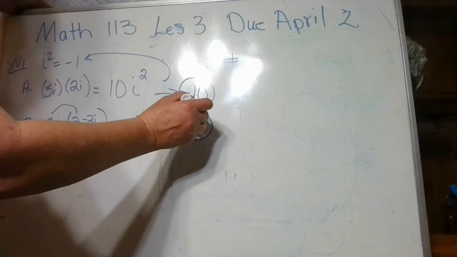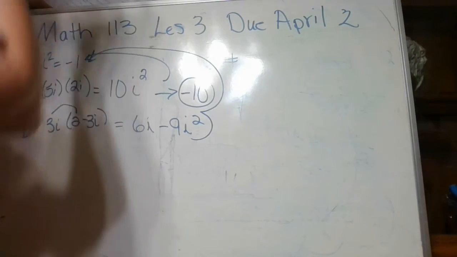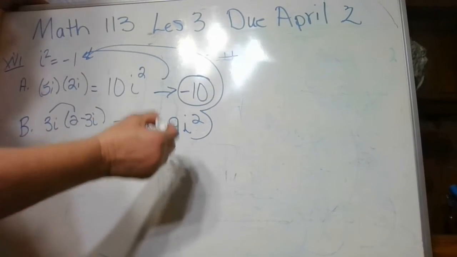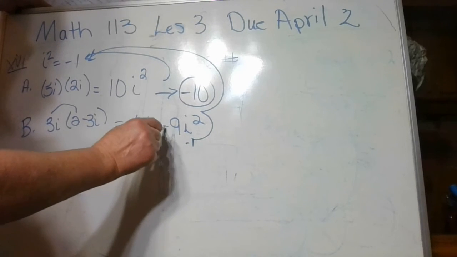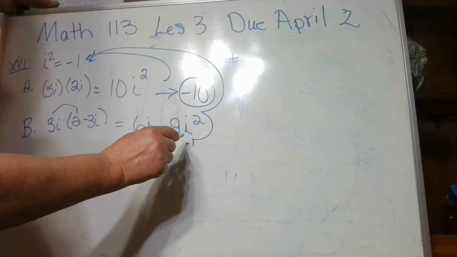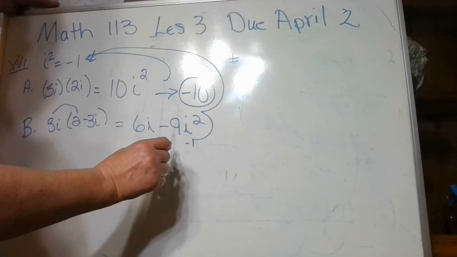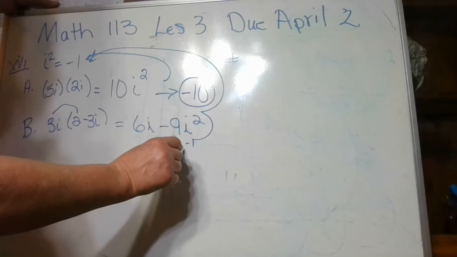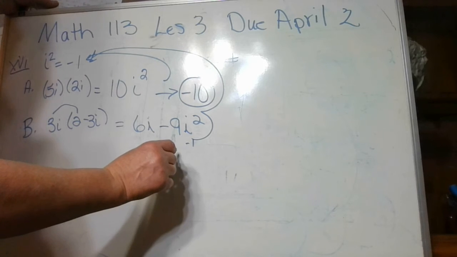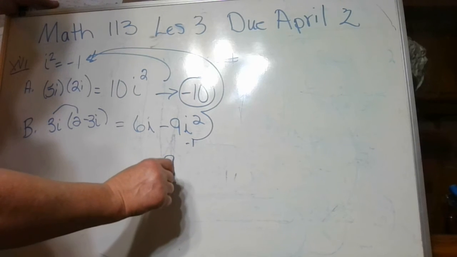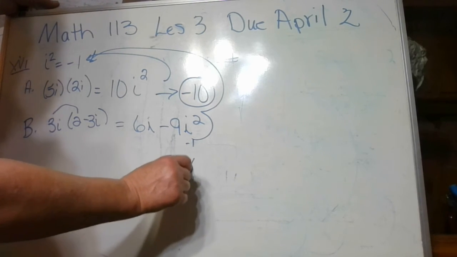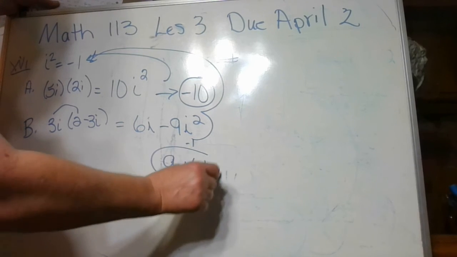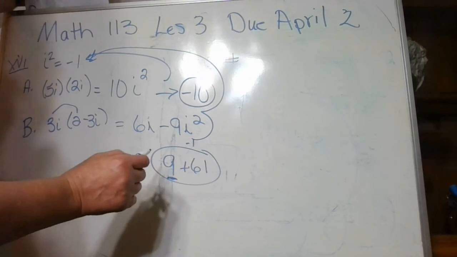I squared equals -1. So a -1 times a -9 would be a +9, and then plus 6i, and that would be your answer. Always put your real number first.